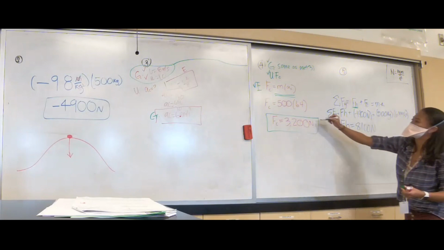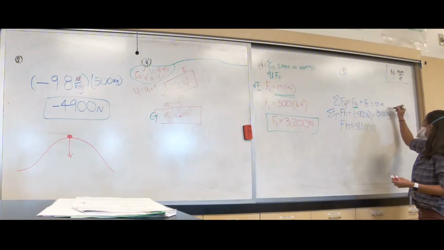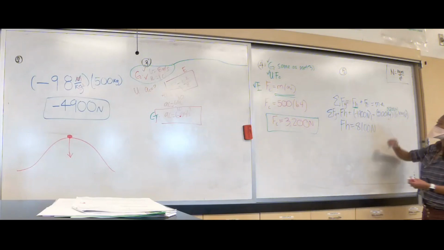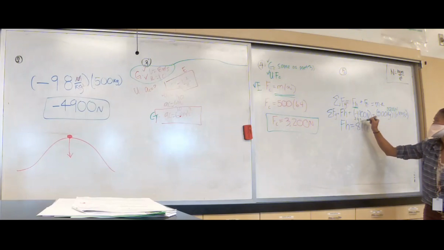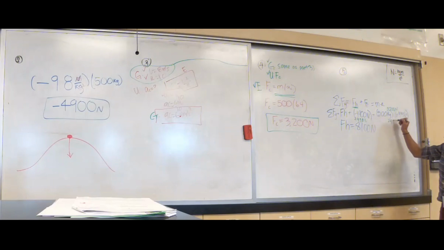You can just plug in the 3,200 newtons. And then because this is negative, I want to add the 4,900 to both sides. That gives me an even bigger force of 8,100 newtons.